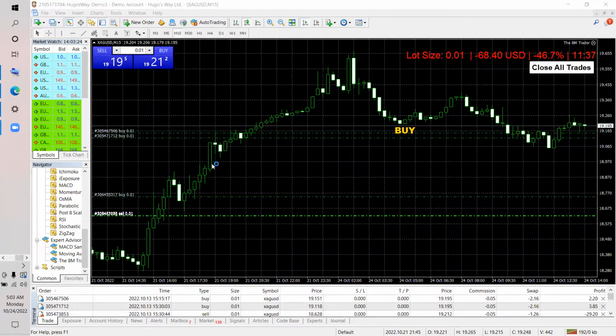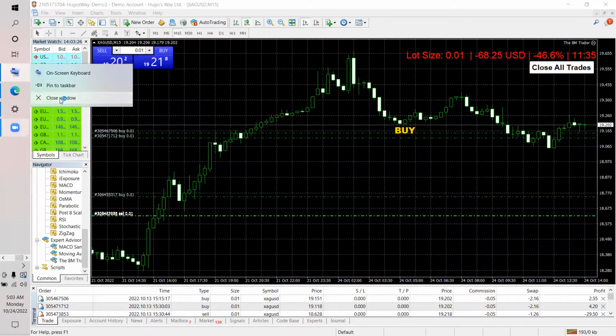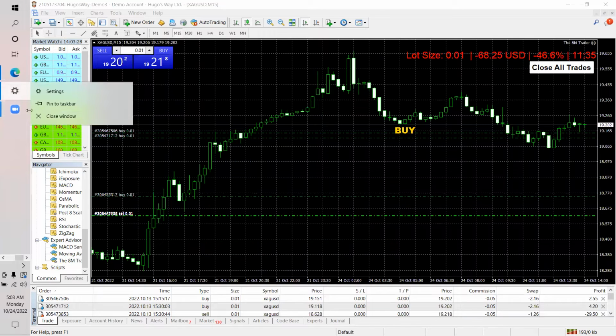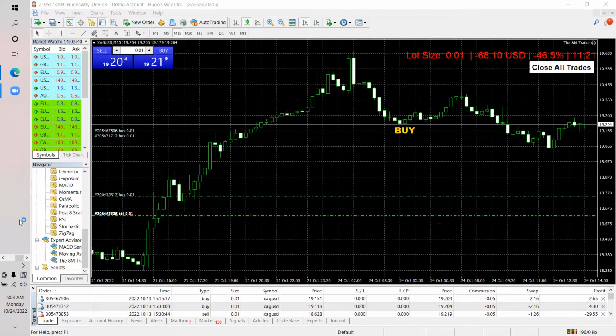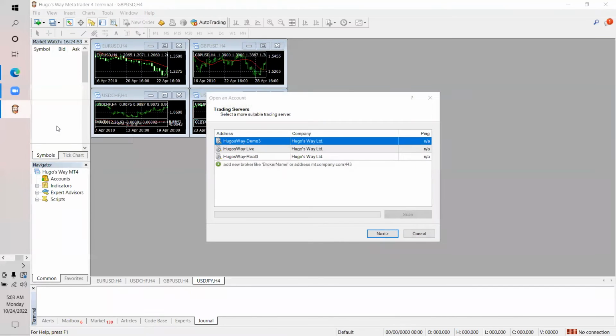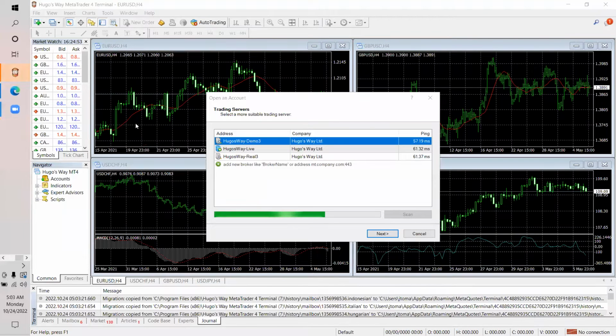Just going to get some of these other programs closed while we wait for that. Okay, all right. And we're just waiting for the other program to come up now. There we go. So let's pin that to our taskbar. We'll move that up just a little bit.